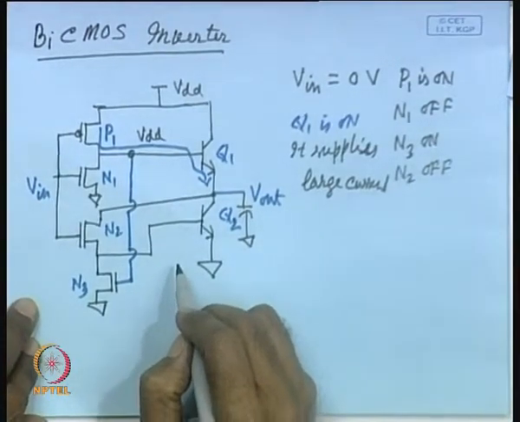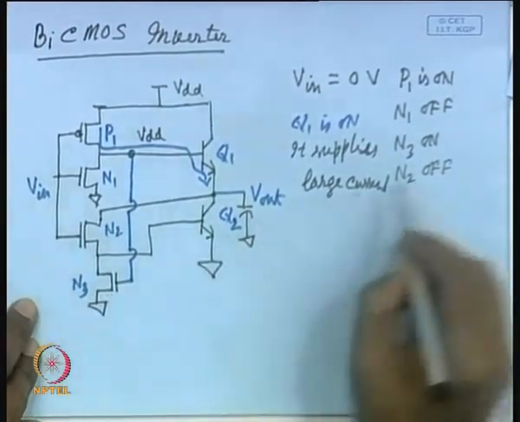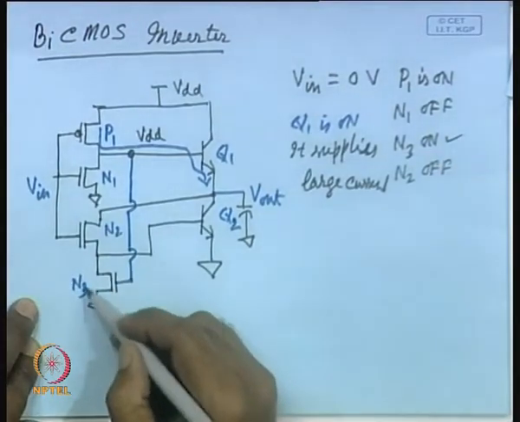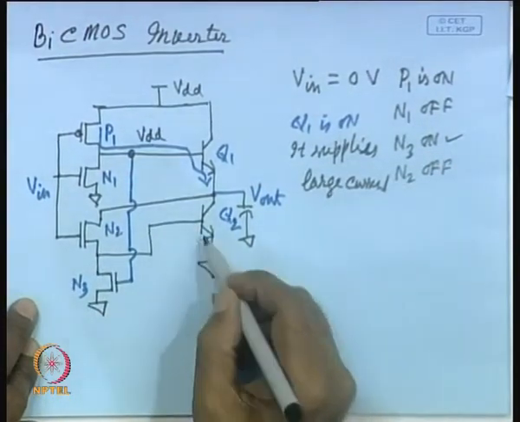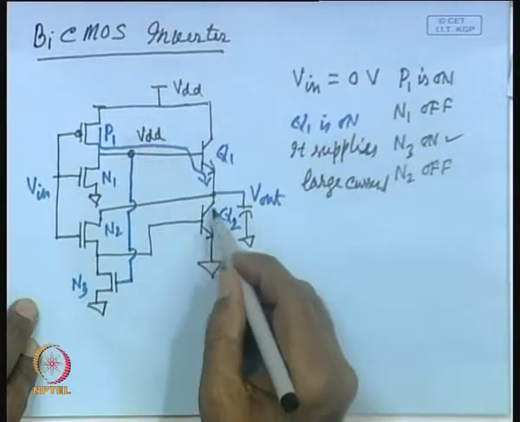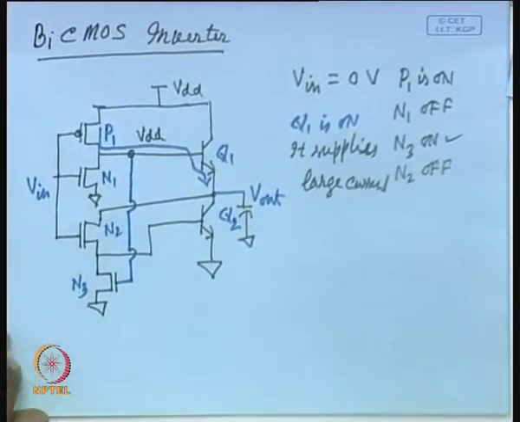In this particular case, this N3 is on, as you have seen. So, this N3 actually clamps the base of this Q2 transistor. That means, the N3 is acting as a kind of clamping device. The base of the Q2 transistor is clamped to almost 0 volt.